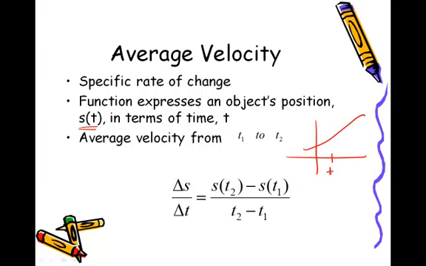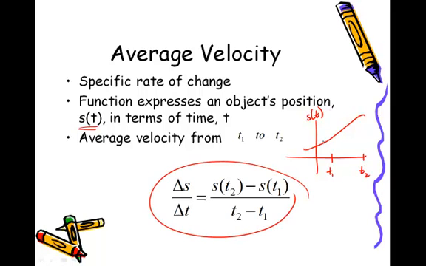If I have a time and I have some position, usually denoted by s of t, I can find the average rate of change over that period of time. And since my units here are going to be something like miles per hour or feet per second, we can call it an average velocity.